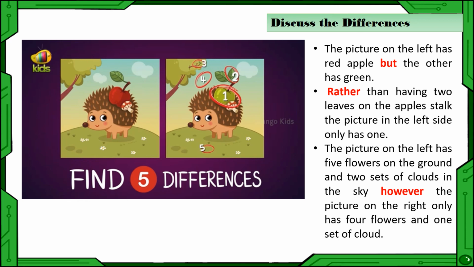However, the picture on the right only has 4 flowers and 1 set of clouds. So you can spot the difference or discuss the difference in a very simple sentence. You can also put the contrasting word in the first part of your sentence, or you can discuss it by spotting 2 differences in one sentence.